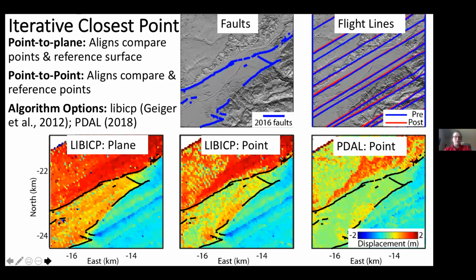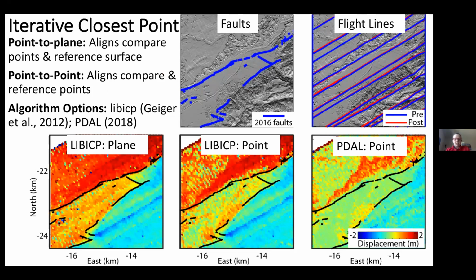The other aspect we looked at was what is the best algorithm to use for the 3D differencing. There are two different ICP algorithms. First is point to plane, and this aligns compare points to the reference surface. And there's also the point to point, which aligns compare and reference points.